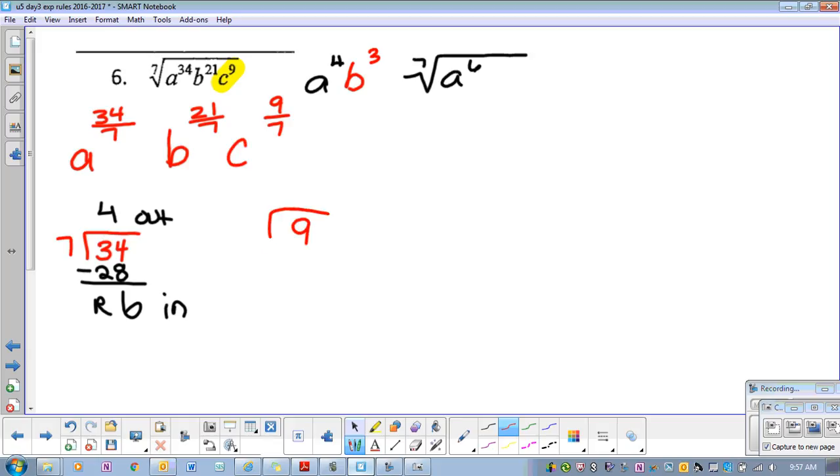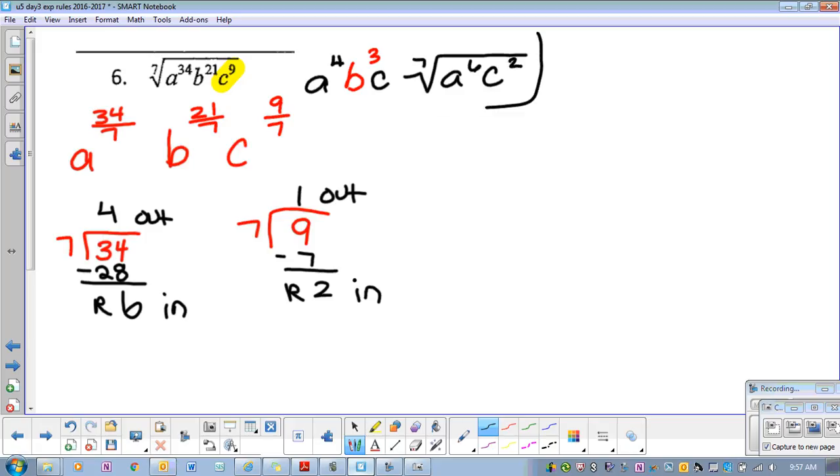Okay, well then 9 divided by 7, 1, that's my outside number. 1 times 7 gives me 7. And if I subtract, what's 9 minus 7? 2. Okay, so then that's my remainder. That's my inside number. So then that means C, I have 1 that comes out. How many stay in? 2. C squared. So this is my answer.